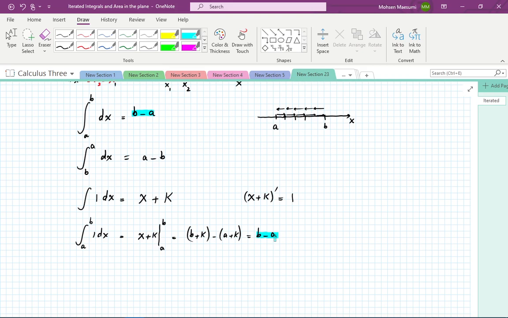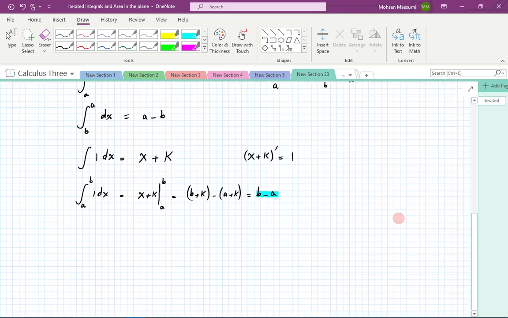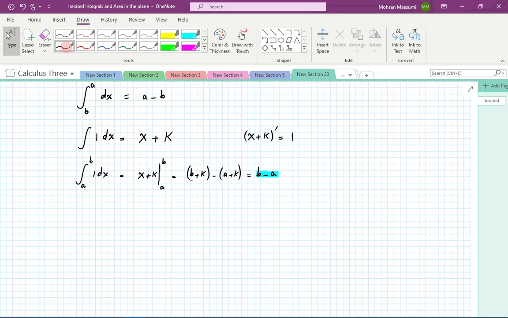Now this constant, of course, is a constant of integration, and if you have multiple integrations to do, each of them can have its own constant. So let's explain it in the context of going into 2 dimensions.